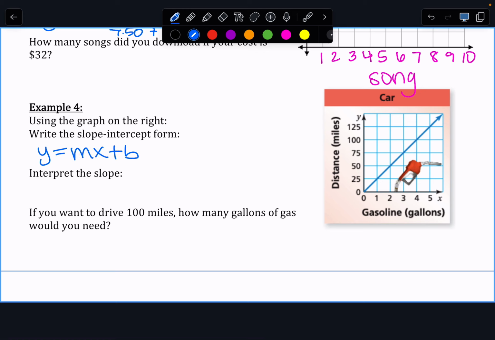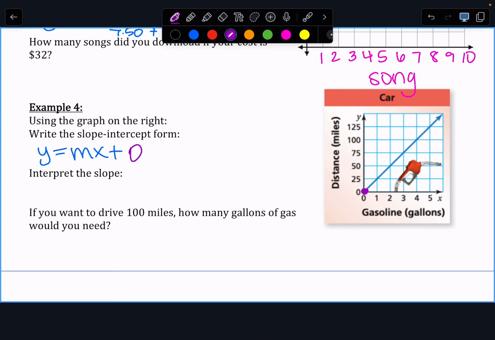So we need to figure out our b and figure out our m. Let's start with where we begin. Where are we beginning here? We're beginning at 0.